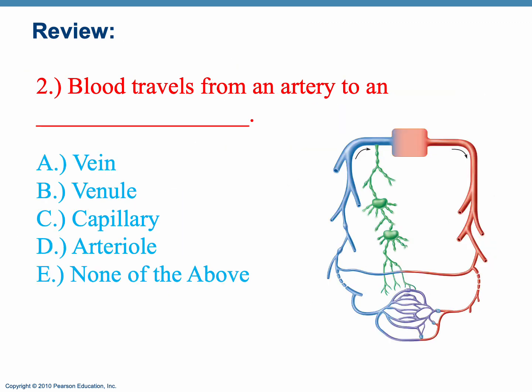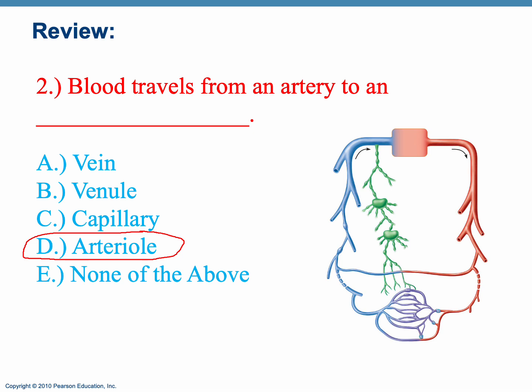Number 2 for review. Blood travels from an artery to a blank. So based off of these choices, blood would travel from an artery to a what? All right, and the correct answer here, I would go with choice letter D. So arteriole would be the correct answer, right?